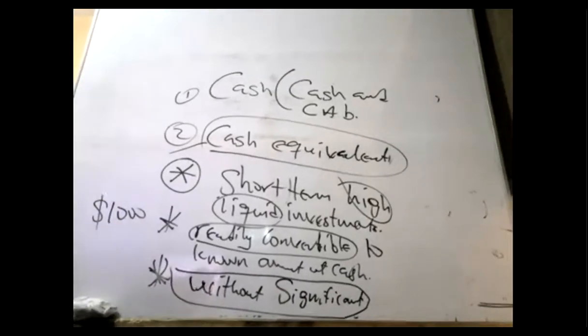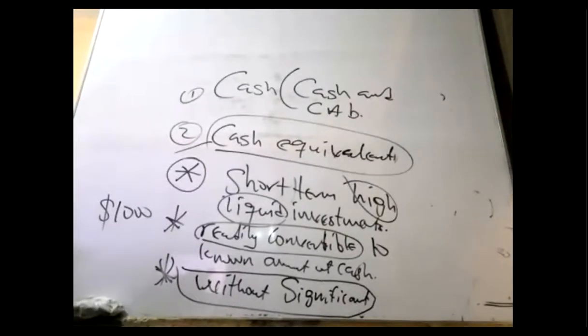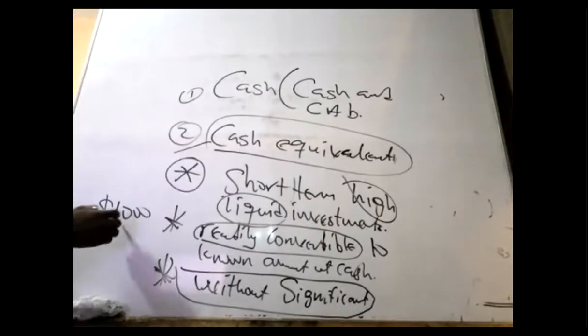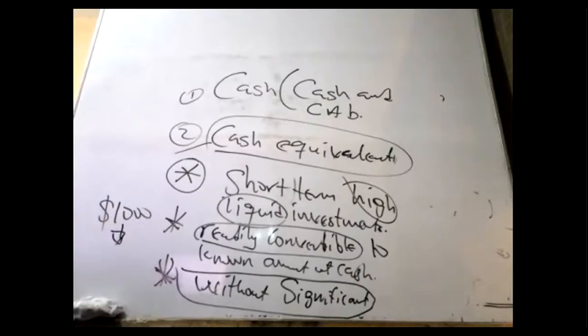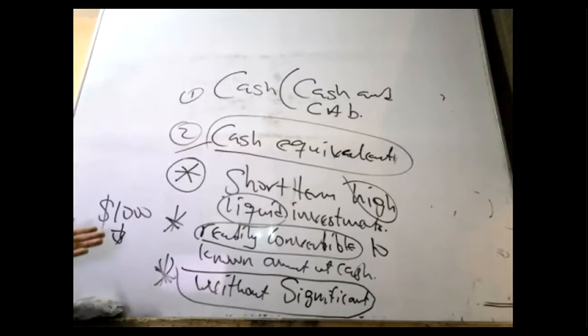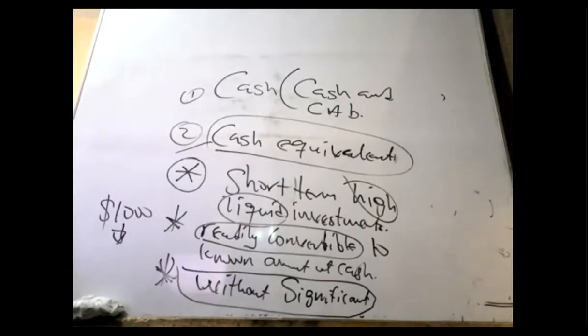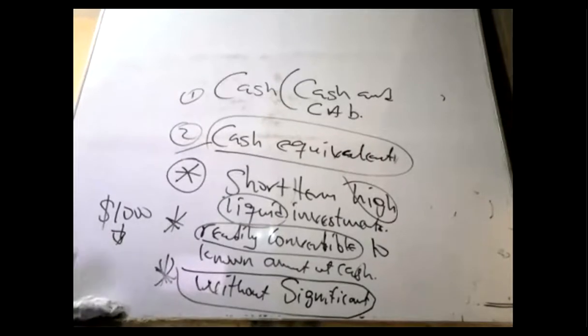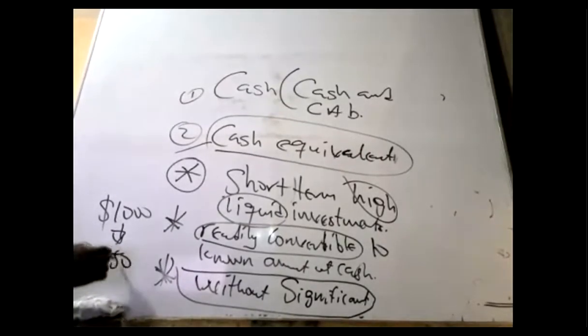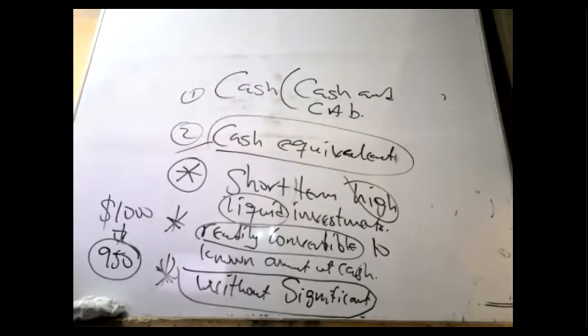If I'm converting this $1,000, which I have in the form of treasury bills, worth $1,000, into cash, and I get even 950, there's a significant change in the value. That's not cash equivalent.